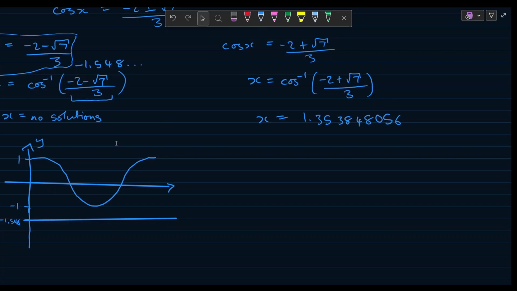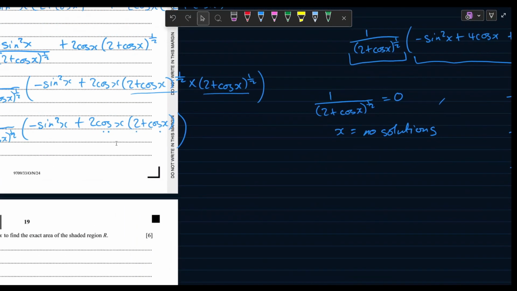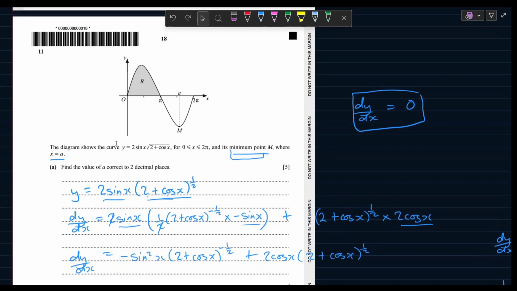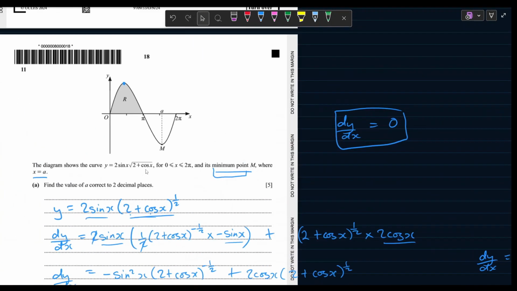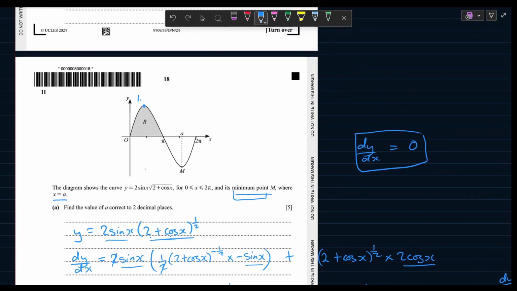And if I remember correctly, on our diagram, it appeared we had 2 stationary points. Okay. So yes, this 1 point, 1.3538, is going to be this stationary point. The reason we know that is because it's less than pi. Pi is approximately 3.14159 and so on.